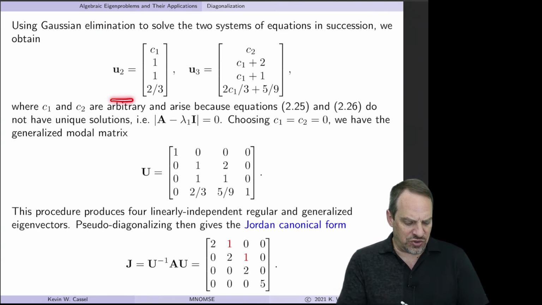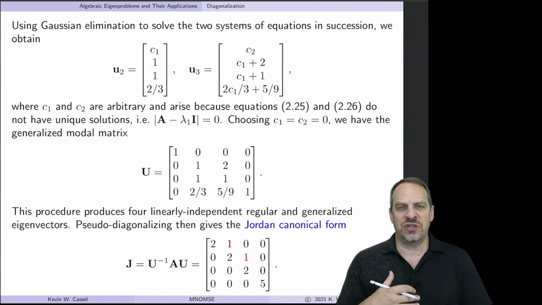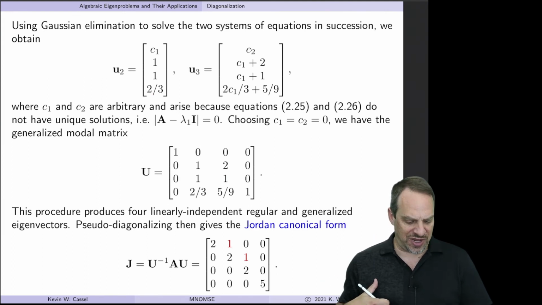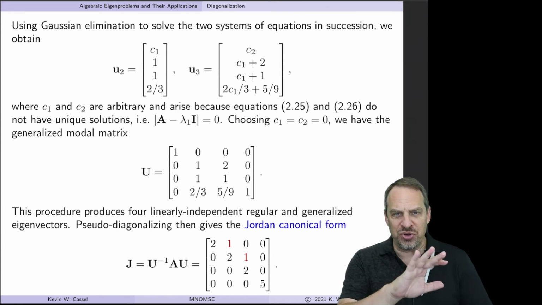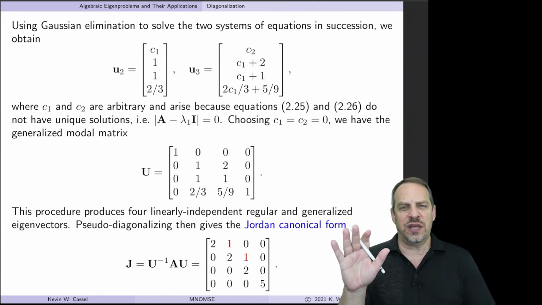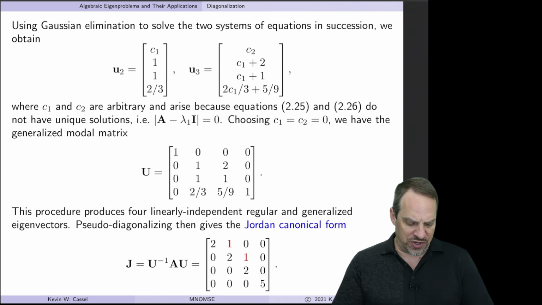So for u2, you'll get a general arbitrary constant C1 times (1, 1, 2/3). And that's from the Gauss elimination with the u1 that we had before on the right-hand side. Then keep the C1, don't assume any values of C1, put the u2 on the right-hand side, and solve for u3.